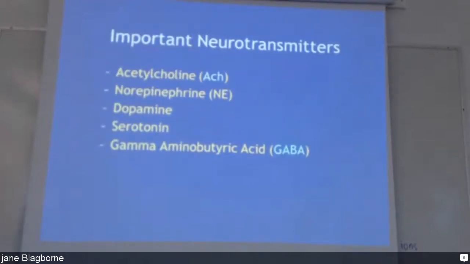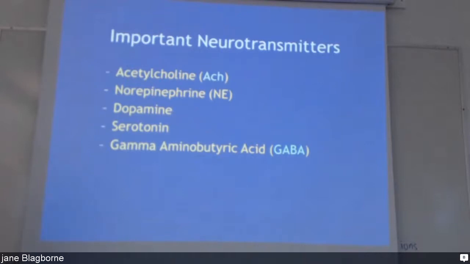Now, important neurotransmitters. Acetylcholine is something you'll hear, and I think I mentioned it earlier with succinylcholine, which is the opposite, and they use it for anesthetizing people. Epinephrine, norepinephrine, you will find in your adrenal glands, and it is your fight-flight type of transmitter.